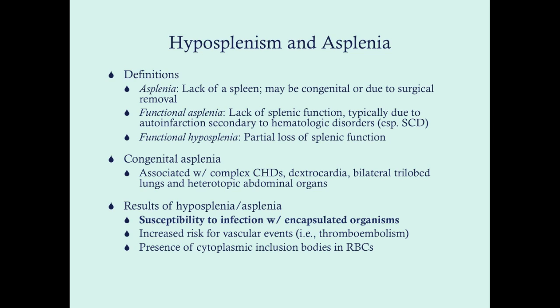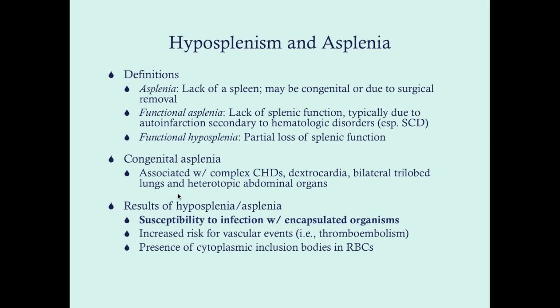So if you have two right sides, remember your spleen is on your left side. If you have two right sides, you have no spleen because your spleen is on the left side. Think of it as like a chimerism. You have two right sides. Now you're going to have most of your organs. You won't have a spleen. You're going to have most of your organs, but there's going to be some abnormalities. So look at this. Bilateral trilobed lungs.